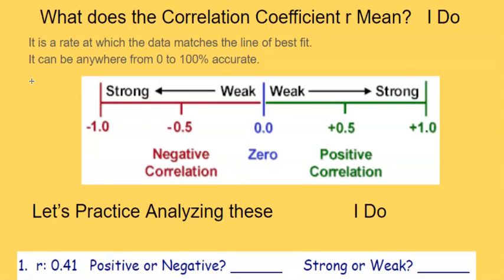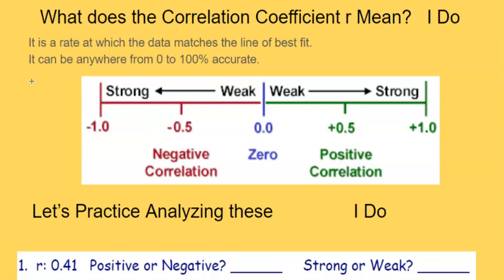What does the correlation coefficient R mean? It is a rate at which the data matches the line of best fit. It could be anywhere between 0 to 100% accurate here. So if you have an R that is between 0.5 and 1, it's a strong positive. If you have an R that is between -1 and -0.5, that is a strong negative.